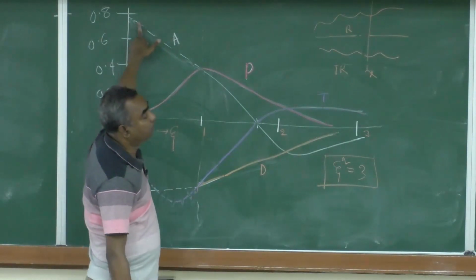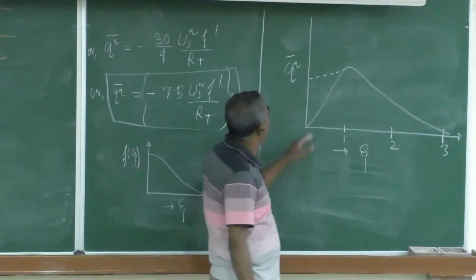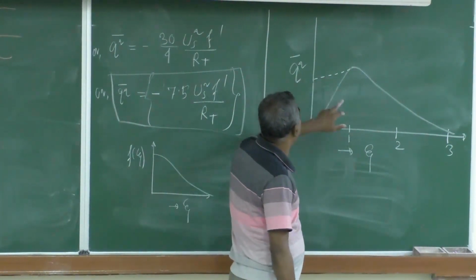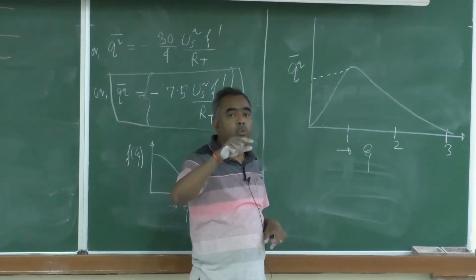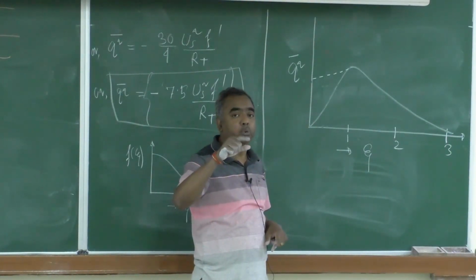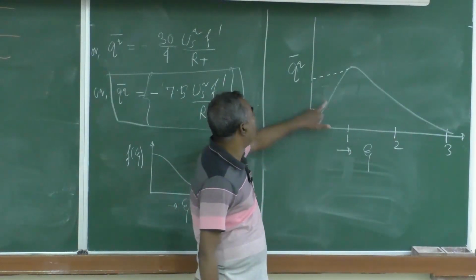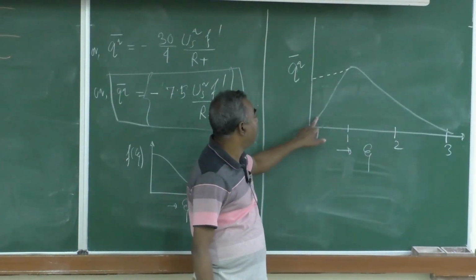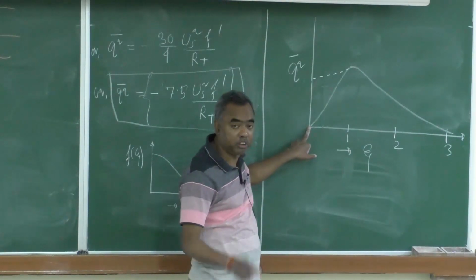What is this advection term? u naught into gradient of half q square bar, del x. Although this particular approximation says that it is 0, that is due to the symmetry, which is not correct.